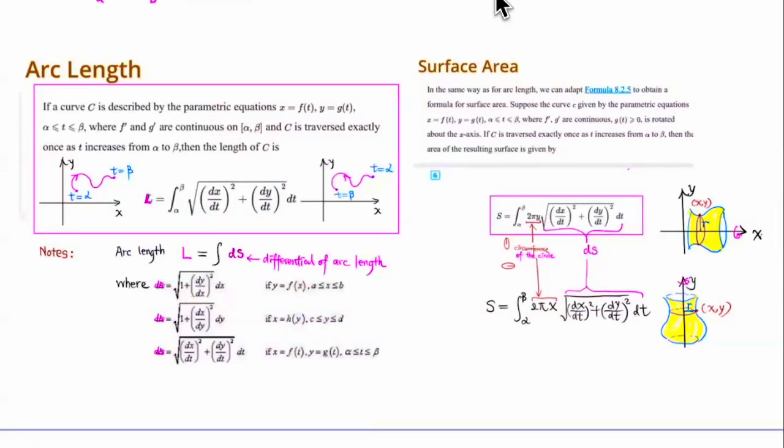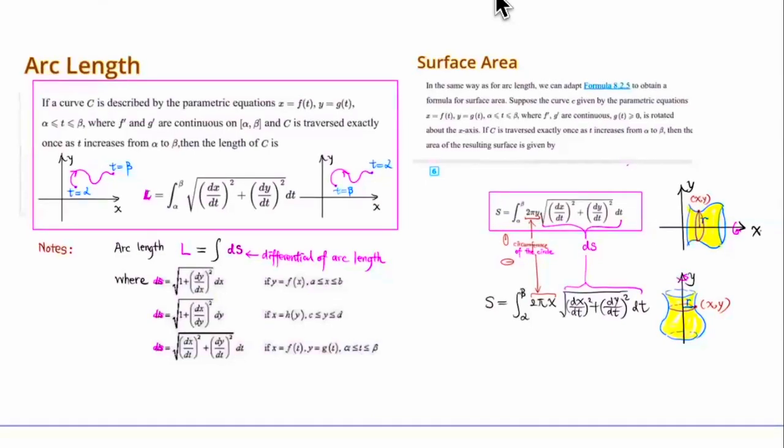If x is a function of y, you use that. If x and y are functions of t, you use that. So depends which one it is, the ds here will use the corresponding one. This part over here is still the circumference of the circle when you rotate about the axis you rotate about.